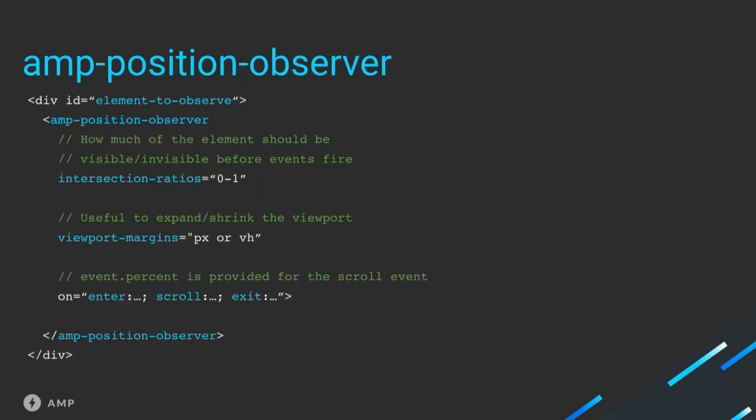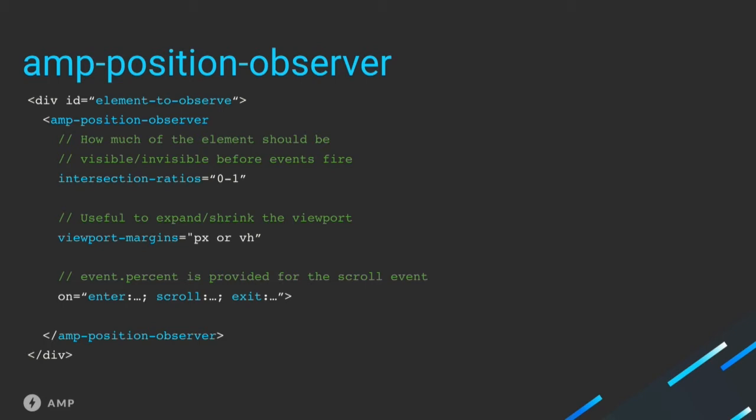AMP Position Observer is a functional component that simply monitors the position of an element within the viewport. And it dispatches enter, scroll, and exit events as an element moves through the viewport. These events are considered low trust, which means you cannot run many AMP actions as a result of these events.